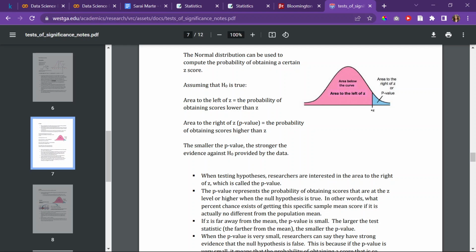So area to the left of z is the probability of obtaining scores lower than z. Area to the right of z is the probability of obtaining scores higher than z. So in this case, when we have area to the right of z, left of z, or t, it's the probability of obtaining scores not equal. I'm so confused. The p-value greater. P-value represents the probability.